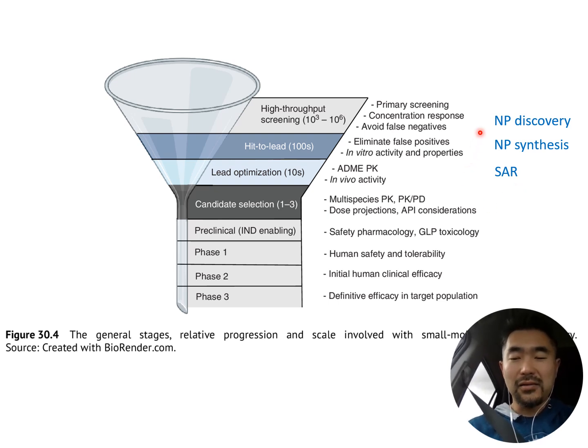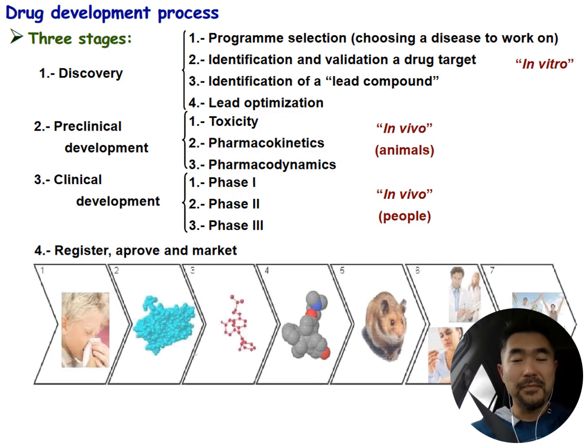But medicinal chemists like myself, the kind of work we would do sort of falls into these like early stage work. SAR typically is sort of the main bulk of the lead optimization efforts, and everything else like natural product discovery or synthesis, that tends to be sort of the phase before the lead optimization step.